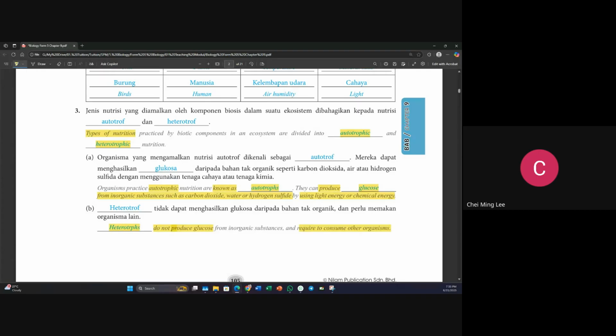That one can be both, because it can create its own food, but at the same time it also gets some minerals or protein from the insect.